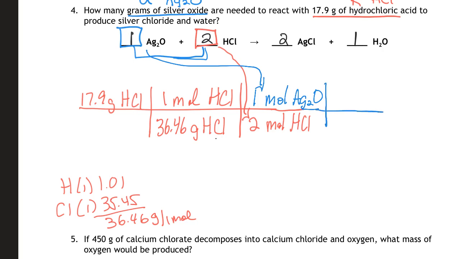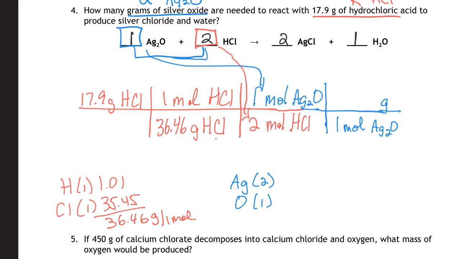So I have to end with grams. I've got mole of Ag2O on the top, so it's going to be 1 mole of Ag2O. And now I've got to calculate, because I'm going to grams, how much Ag2O weighs. So we've got silver, and I've got 2 of those atoms. I've got oxygen, and I've got 1 of them.